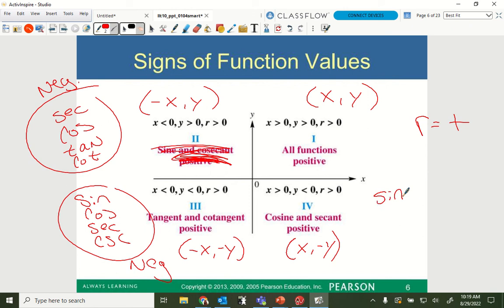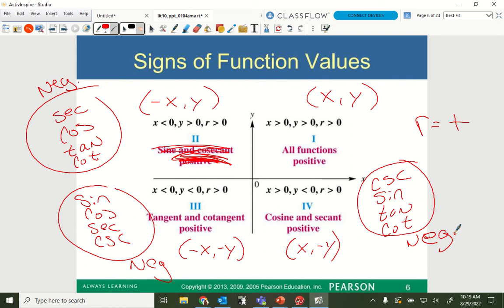Sine is going to be negative. What else? No, not cosine. Tangent, very good. Anything else? Cotangent. Cosecant also. These are also negative.